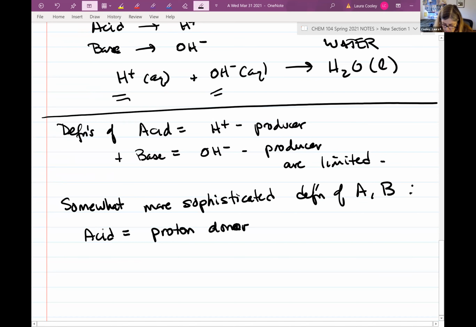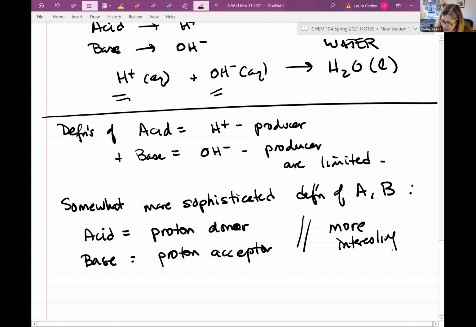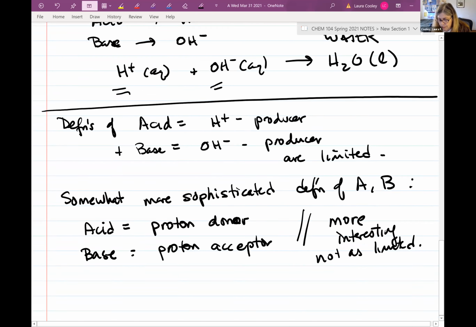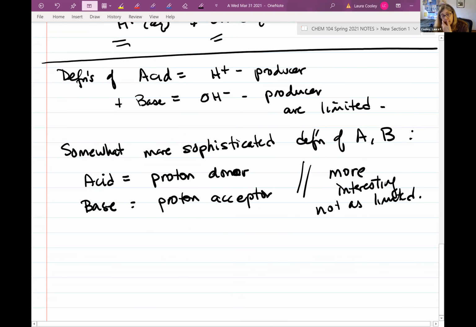It's actually talking about what the acid is doing instead of what it is. And the base is a proton acceptor. And these are much more interesting and really not as limited. And I'm going to give you an example in a little while of why the definition of a base as a hydroxide ion producer is limited.